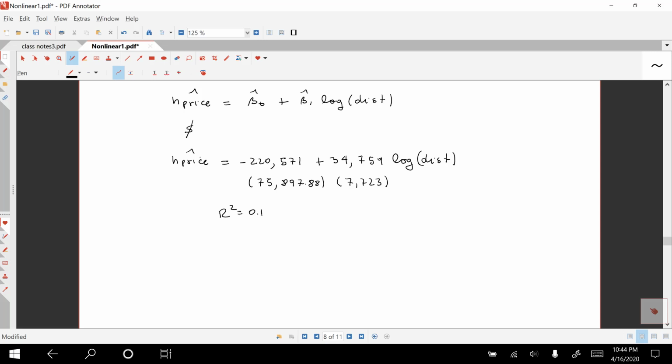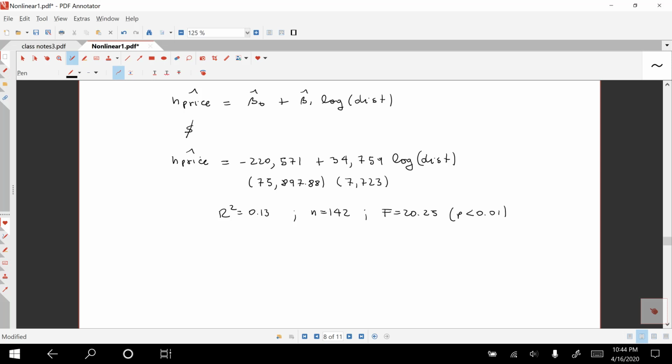R squared 0.13, n equals 142, F 20.25, and the p-value less than 0.01.